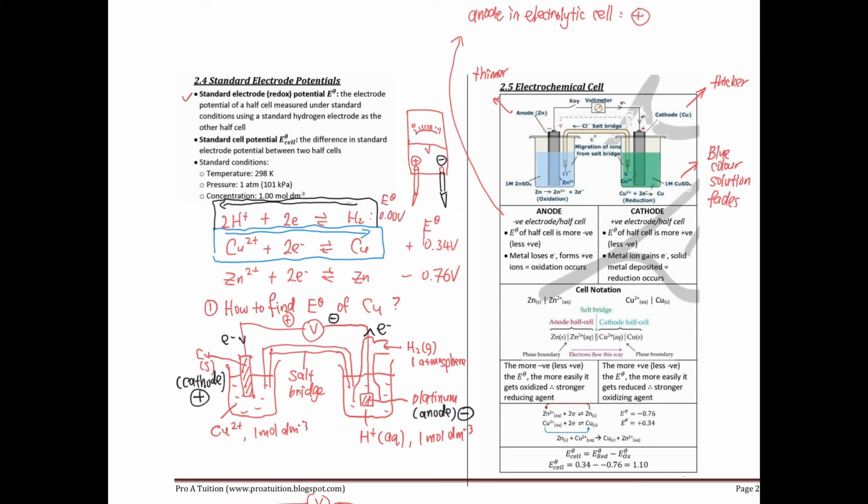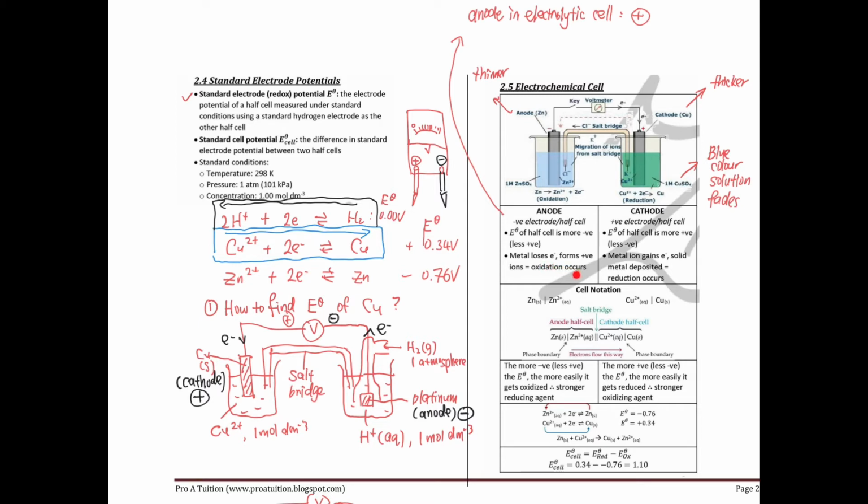So E theta of the half cell is more negative or less positive, also can. Okay, more negative or less positive means the same. And that means they tend to go backwards. So what happens then is the metal loses electrons and forms positive ions. So you can see here zinc changes to zinc 2 plus, they form positive ions.